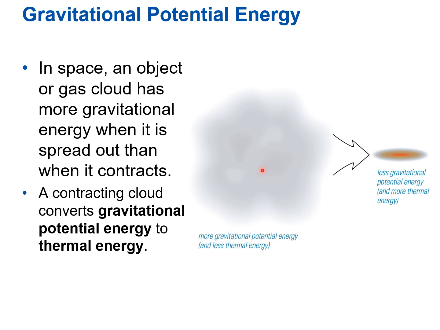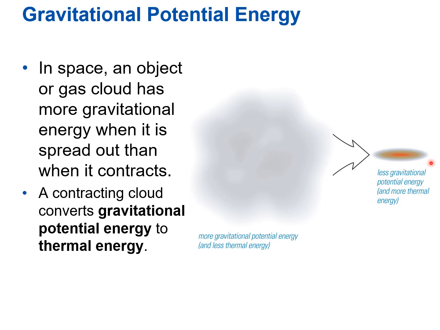So they fall inward. A contracting cloud converts gravitational potential energy to thermal energy. So by the time this cloud gets much smaller, all of its particles have lost potential energy. It's just like the ball falling down or the van falling down. Here, all the particles have fallen inward, so they have less potential energy.